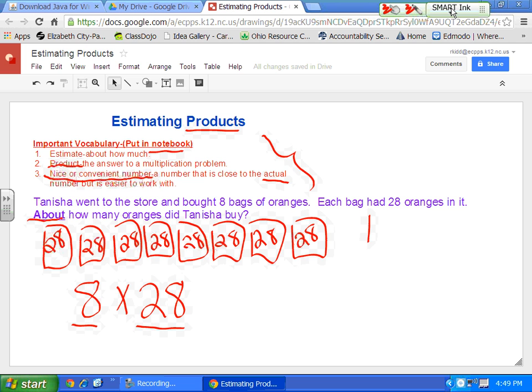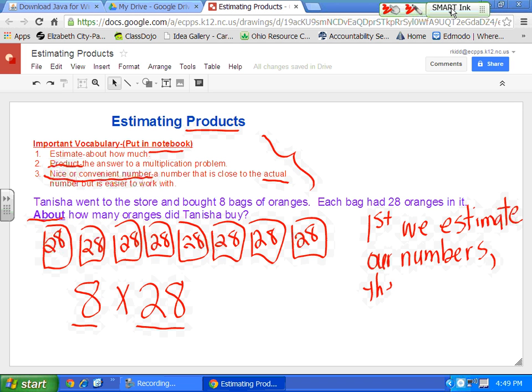So first, we estimate our numbers, then calculate. Okay, so let's take a look at what that looks like.